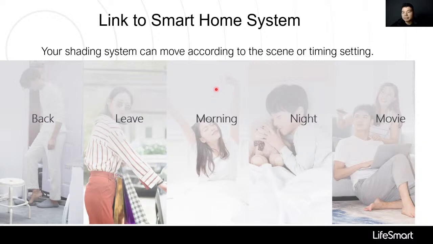Common things like the curtain, closing the curtain automatically when you leave home, and opening the curtain automatically in the morning while you are still in bed, and movie scenes, and so on.